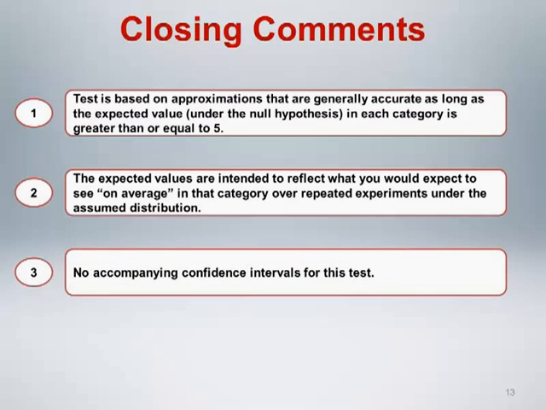Note that there are no accompanying confidence intervals for this test. In general, the chi-square goodness of fit test is summarized using a p-value and clinical interpretation of the discrepancy between the observed and expected frequencies. This concludes our discussion of one-way frequency tables.